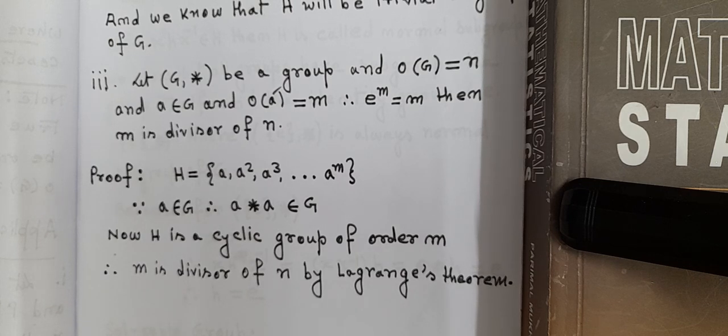It's a simple proof. H equals a, a square, a cube, ..., a to the power m equals e, because that has been given. Since a belongs to G, therefore a asterisk a belongs to G. This is the property of a group. Now H is a cyclic group of order m. Therefore, m is a divisor of n by Lagrange's theorem.